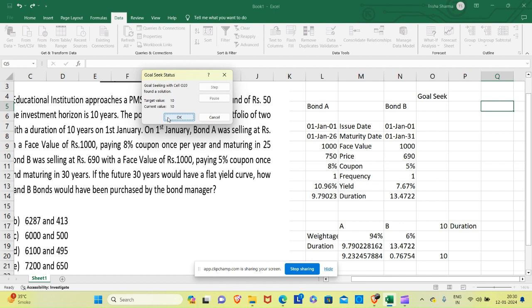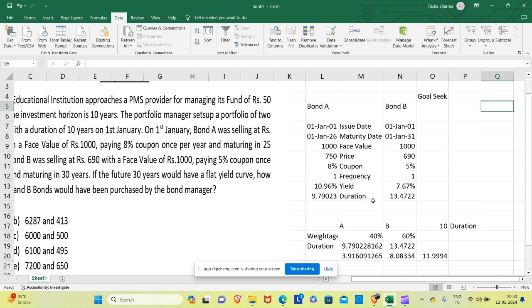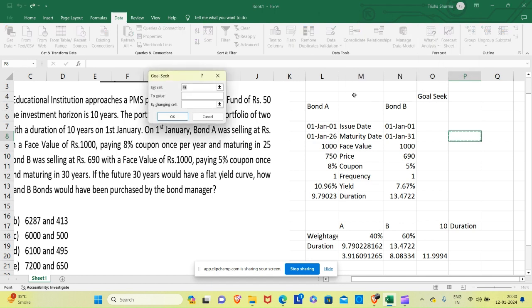The moment you say okay, the function itself gives you the solution, which I'm repeating again for your benefit. You will go to data, then what if analysis, and then goal seek. In goal seek, you will select this value, because this is your portfolio assumed duration, which you want to set to 10.